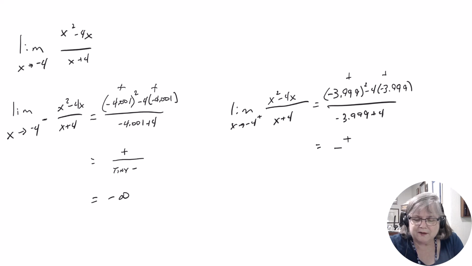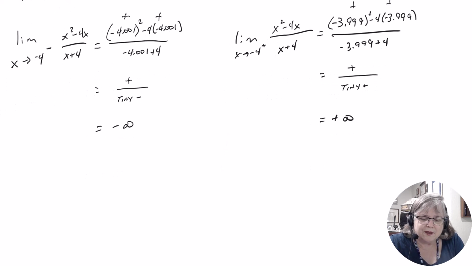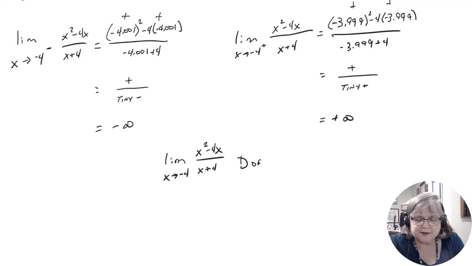So you have a positive number of some sort divided by a little tiny positive, and I'm talking about 0.0001 or something like that, which is positive infinity. So the limit as x approaches -4 of x squared minus 4x over x plus 4 from both sides does not exist.